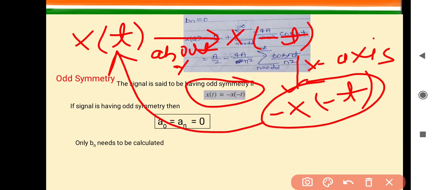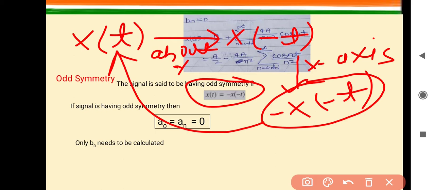And by observing the graph of the signal, if there is a symmetry about the origin, means if the signal has the same shape in the first and third quadrant, then we can say that the signal has odd symmetry.